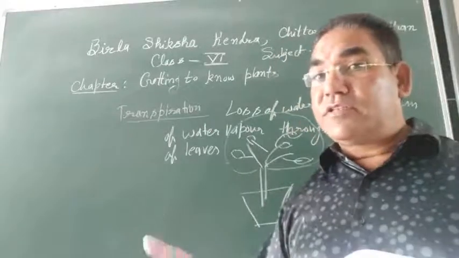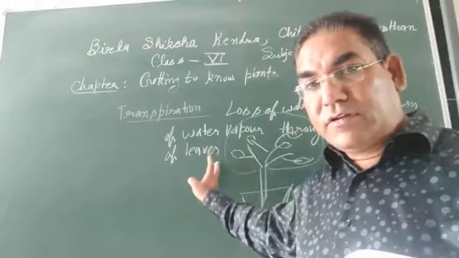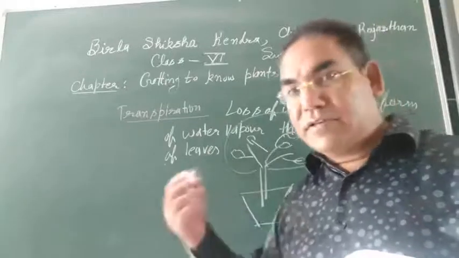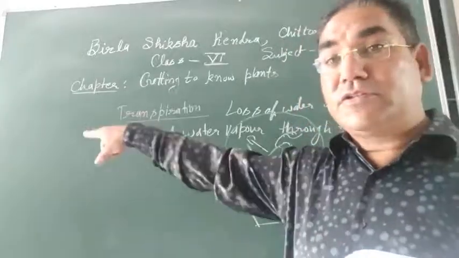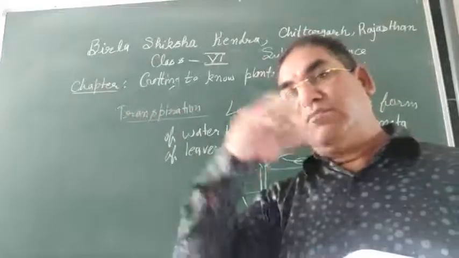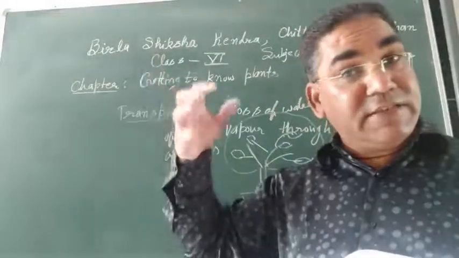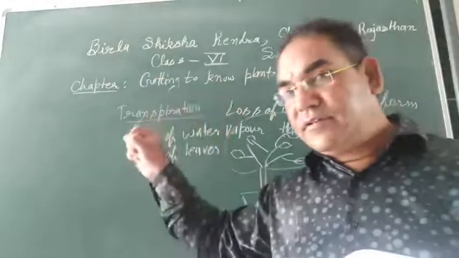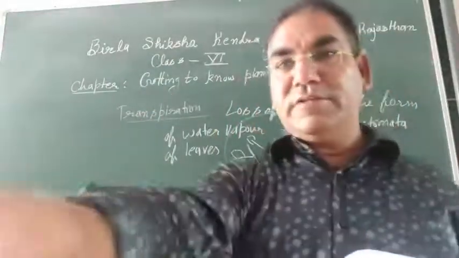These water droplets come from the water lost by the leaves through the stomata by the process of transpiration. Transpiration के through जैसे water बाहर गया, it gets condensed and deposited on the polythene.